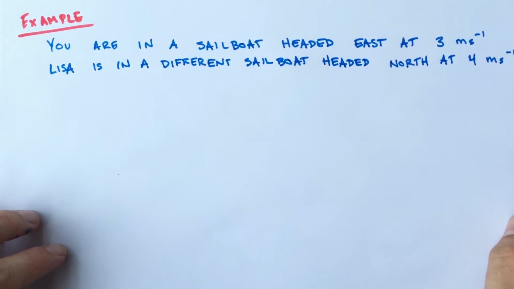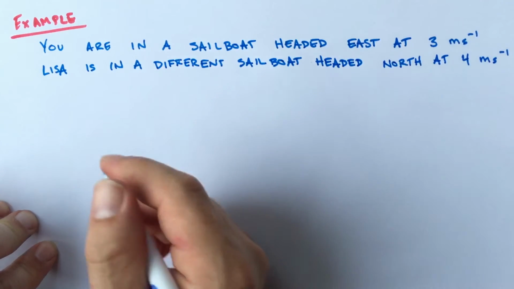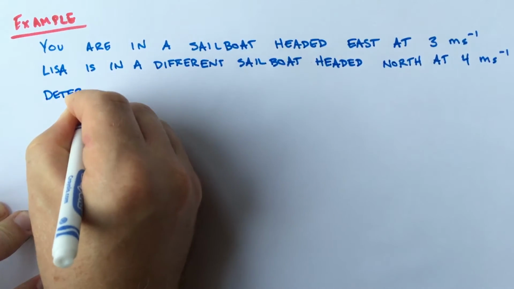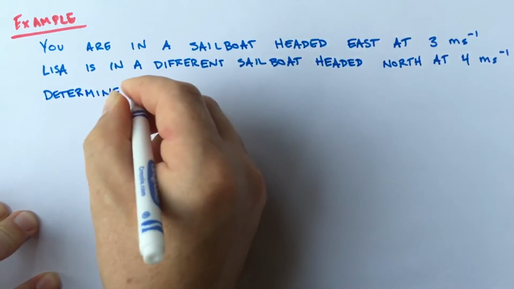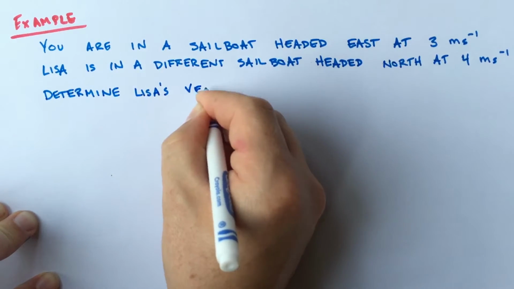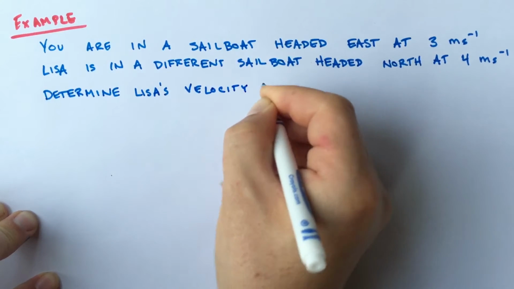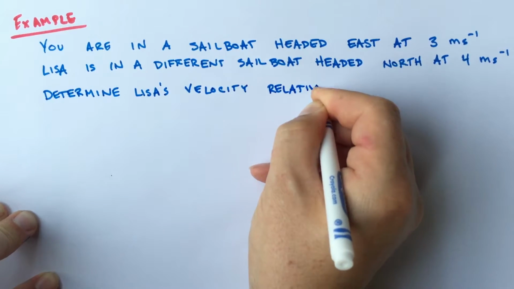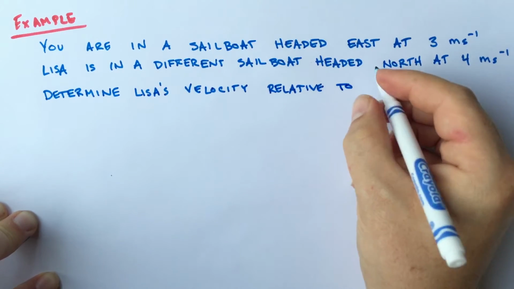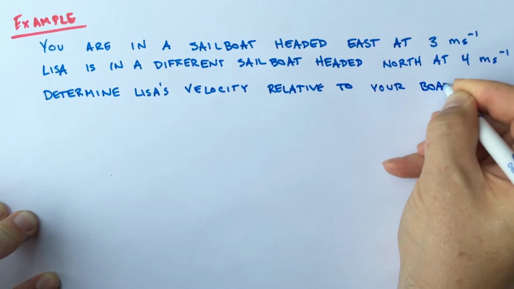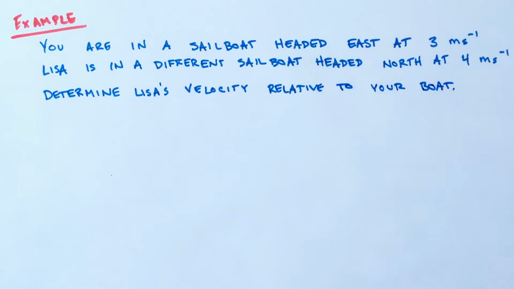Okay. And the problem is going to ask that you determine Lisa's velocity relative to your own or your boat. You and your boat are traveling at the same velocity.